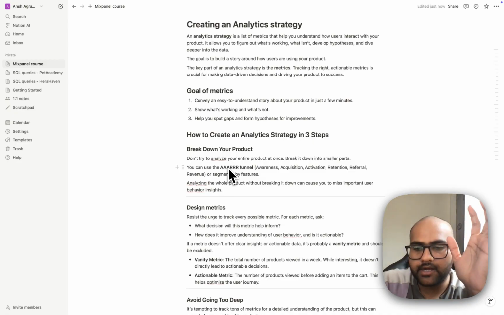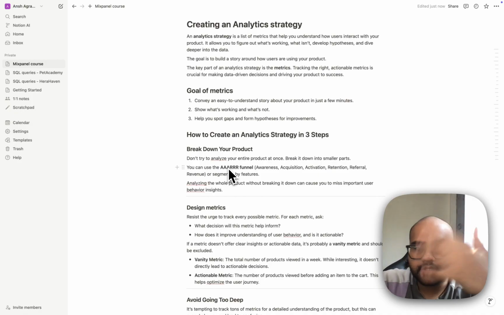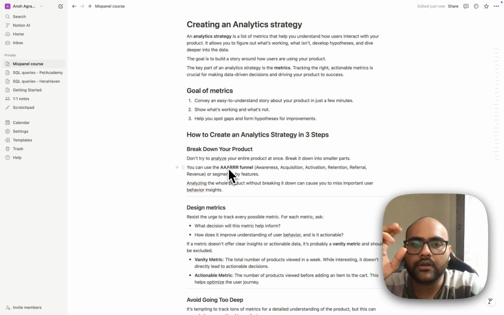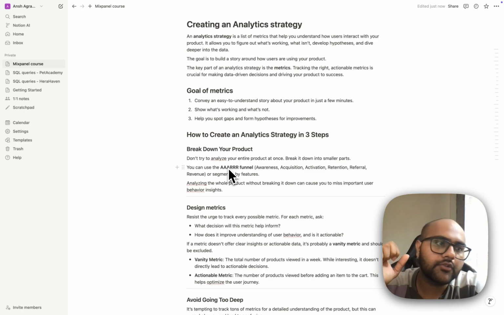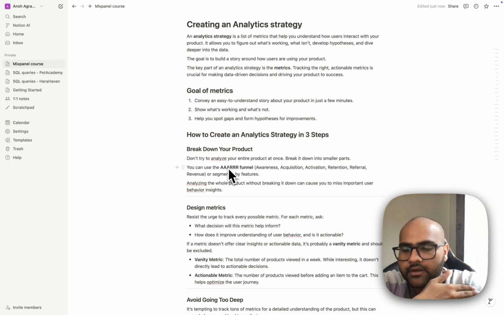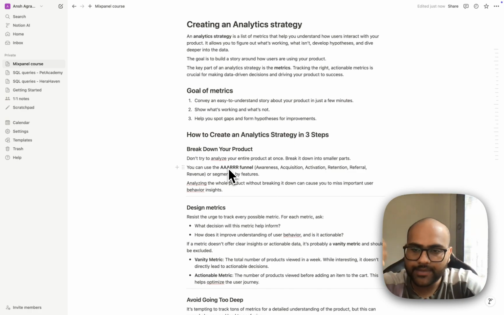Okay, second, designing the metrics. I think this is the hardest part of all. One, you need to resist the urge to track every possible metric. Even if you're building out metrics for a specific feature, you could come up with a list of 1,000 metrics, even for the smallest of features. And that's where people start tracking the wrong metrics. So for each metric that you're trying to list down, ask what decision this metric will help inform.